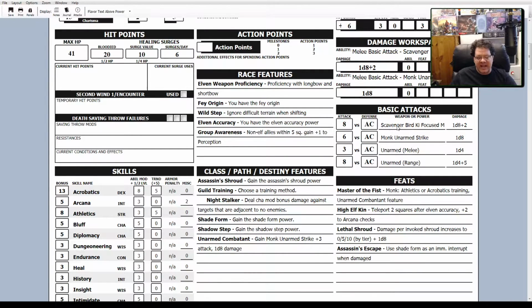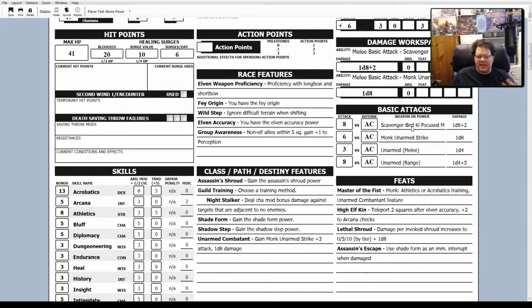You'll see this Scavenger Bird key focus in there a lot. Monks could use a key focus as an implement, very similar to a wand, to use certain powers and things like that. So that specific key focus is one that's actually designed for an assassin.